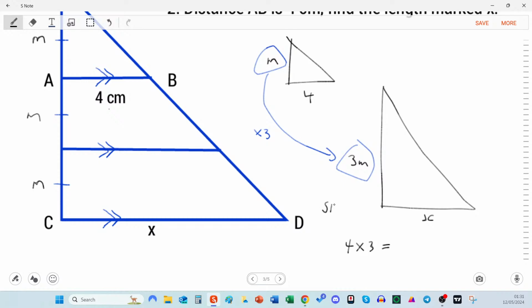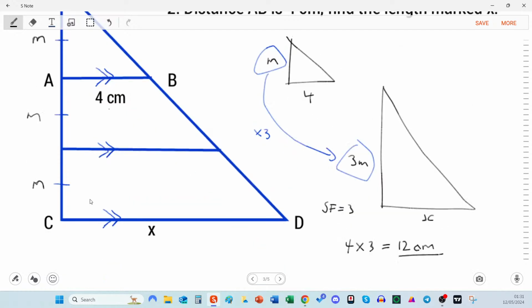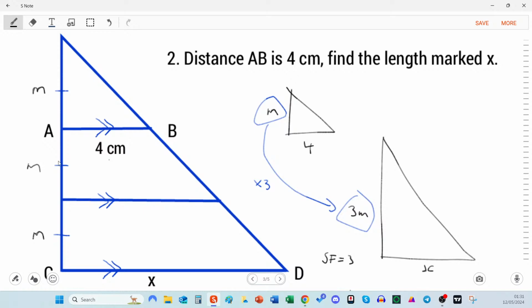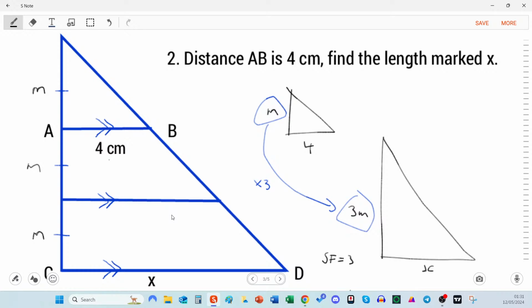Maybe we should write scale factor equals 3. So that's 12 centimeters. There. Okay, so that's similarity for you. Kind of a hidden clue in these lines to show that they're the same. But you can just do it in general if you know how much it scales up by.